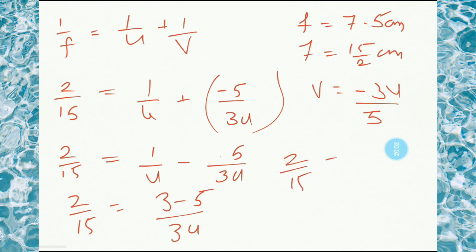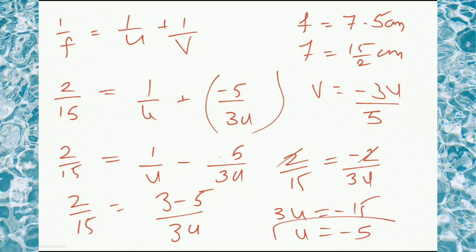Then 2 by 15 is equal to minus 2 by 3u. The 2s will get cancelled. So 3u is equal to minus 15, u is equal to minus 5. What is the unit? Centimeter, right? Here you don't have the sign in the options, so you can just simply select it as 5. Option B.